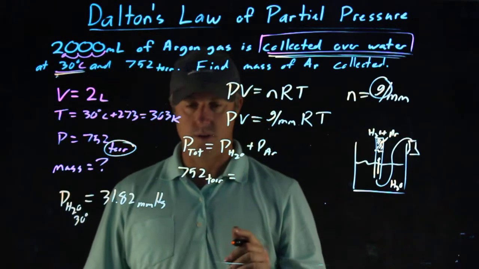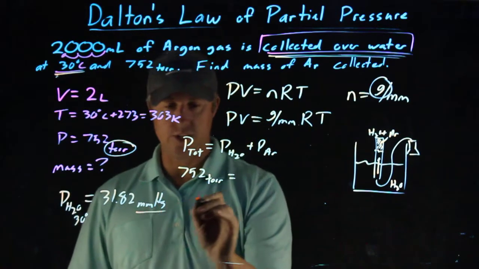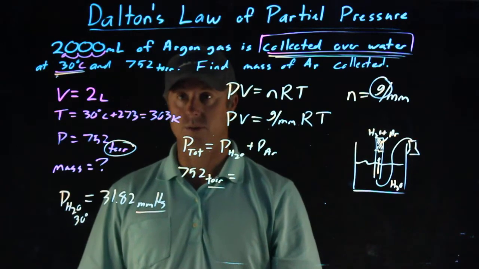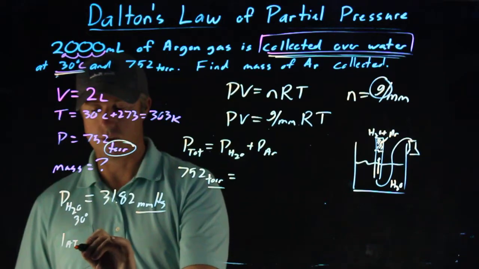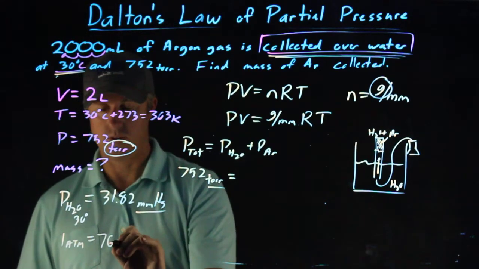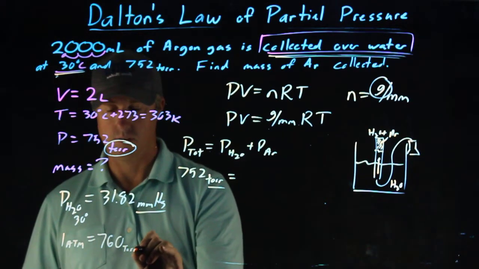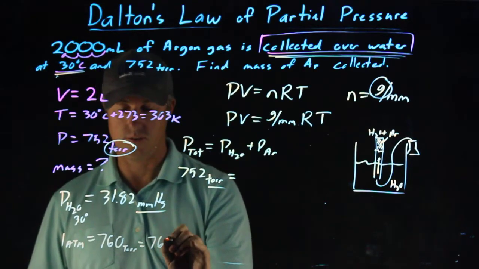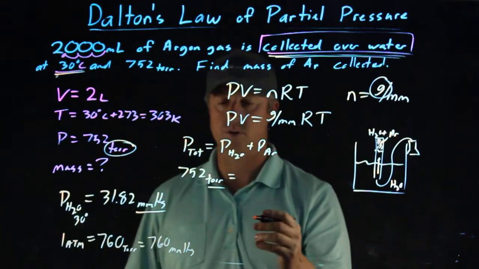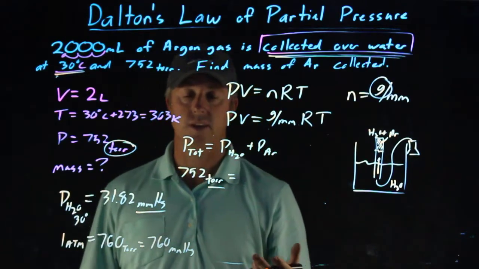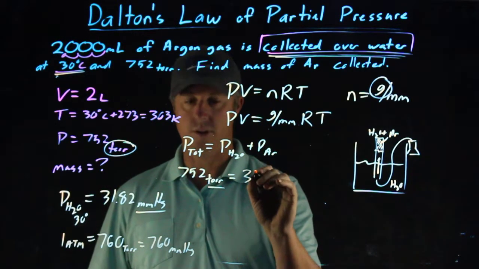So mmHg and torr are equal to each other. If you remember what our unit said, 1 atmosphere is equal to 760 torr, which equals 760 mmHg. So this is just 1 to 1. These are essentially then the same units, so let's just put them all into torr.